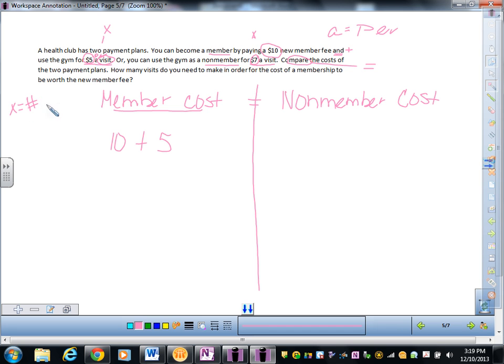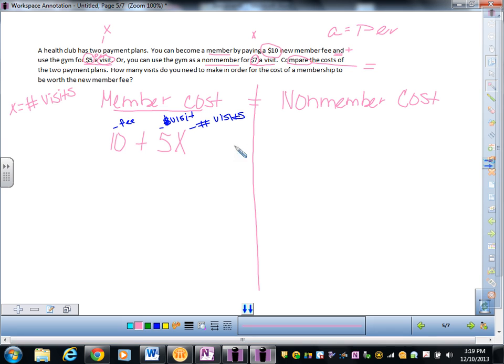So it's going to be 5 multiplied by x, which is our number of visits. So 10 represents the fee, and then this is the cost for a visit, and this is the number of visits.